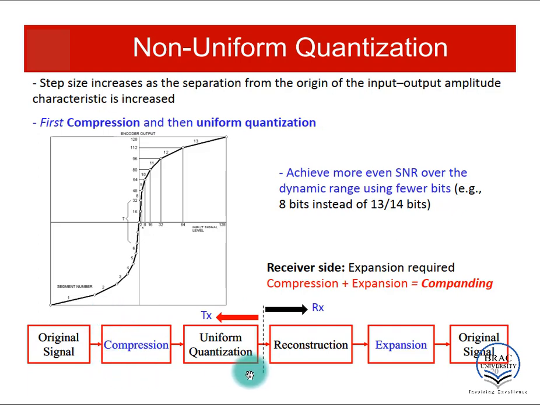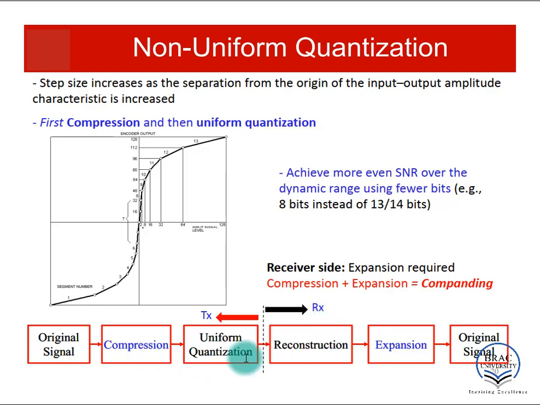And on the receiver side, you get the reconstruction done, and then you do the expansion. These 2 blocks actually do the inverse of non-uniform quantization. You can call it non-uniform reconstruction. So on the transmitter side, you have to have a compression block before the uniform quantizer, and on the receiver side, you have to have an expansion block after the reconstruction. So in this case, we are introducing 2 new blocks.